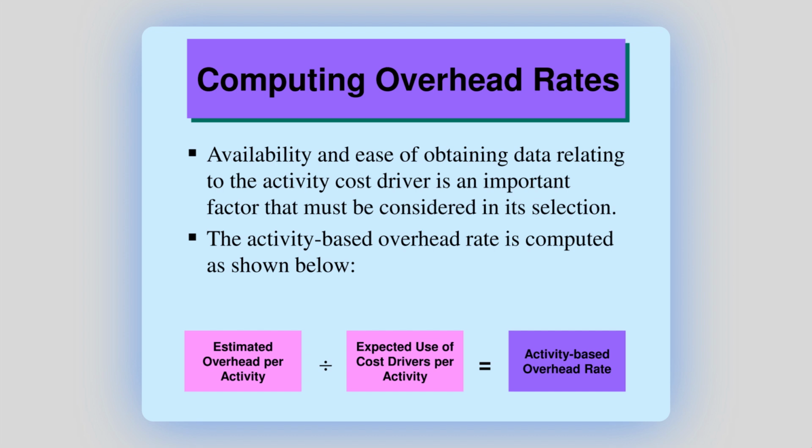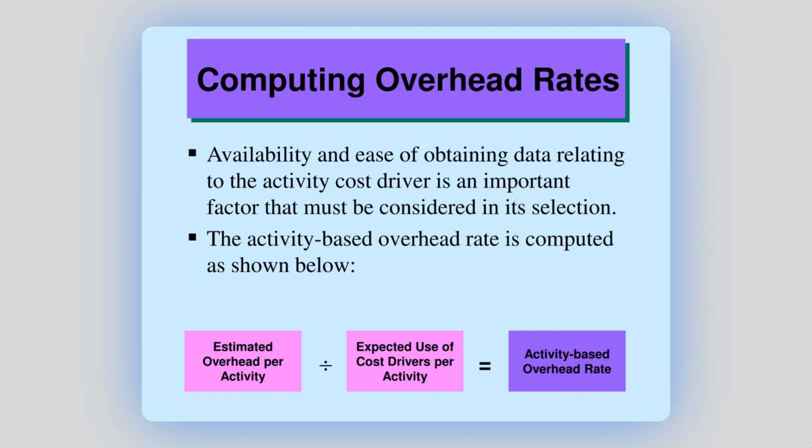Class, go to this one. How do we compute for the overhead rates? Availability and the ease of obtaining data related to the activity cost driver is an important factor that must be considered in your selection. So, in activity-based costing, how do we compute for the activity-based rate?